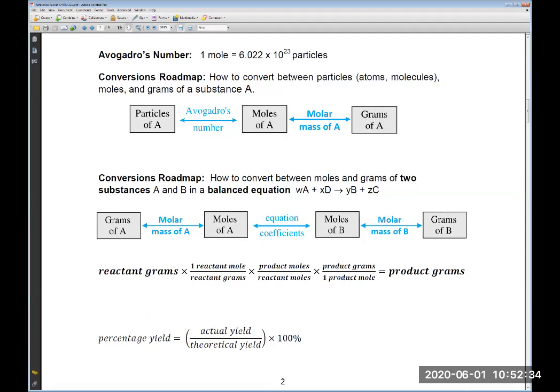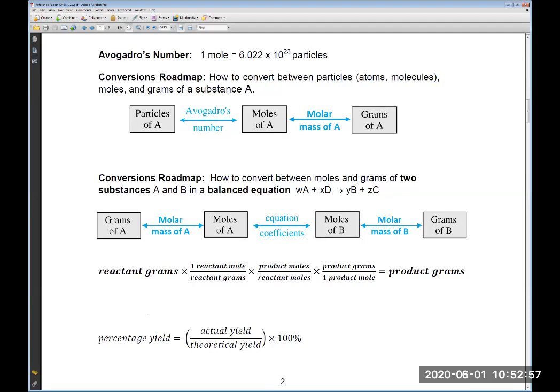Moles are not a number of particles. Be careful. Particles really refers to atoms and molecules. In 1 mole you have 6.022 times 10 to the 23rd particles. It's above here as the Avogadro number. We don't need that. What we need is just between the grams and moles here, and it's the molar mass.